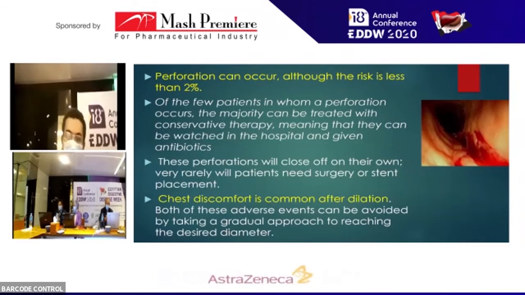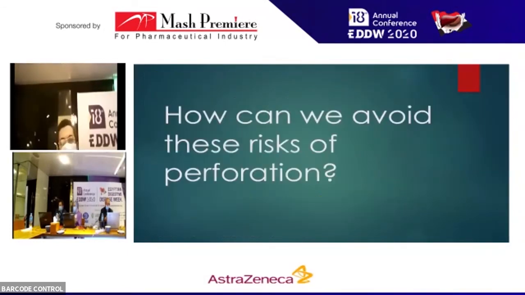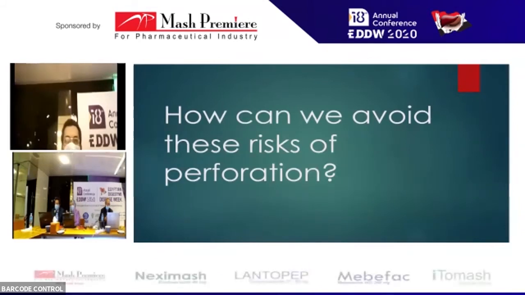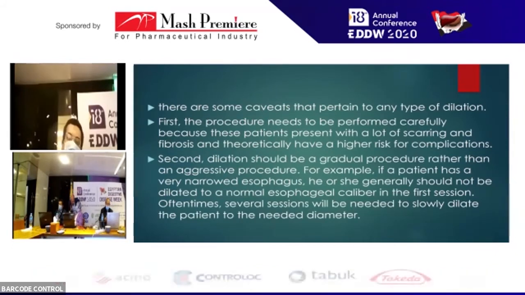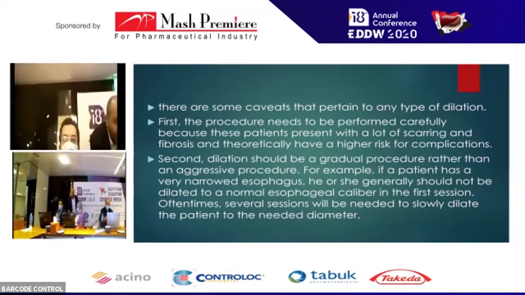How can we avoid these risks of perforation? Careful is the clue. First, the procedure needs to be performed carefully because these patients present with a lot of scarring and fibrosis.